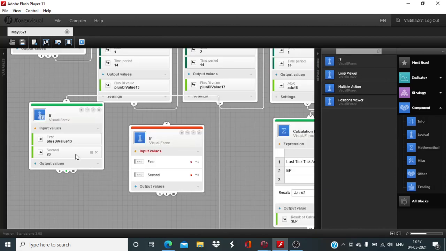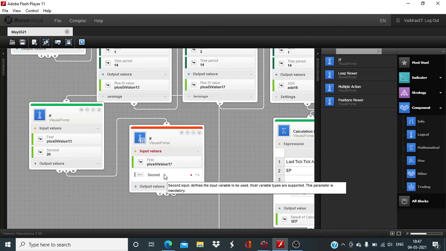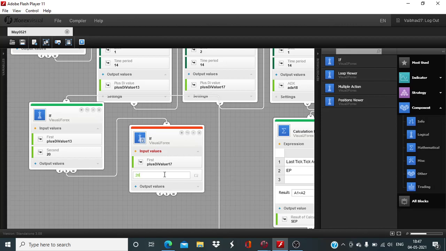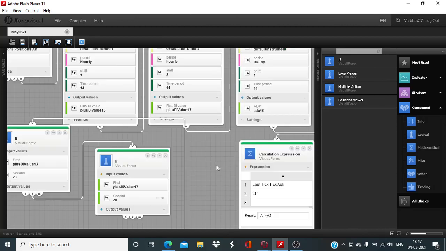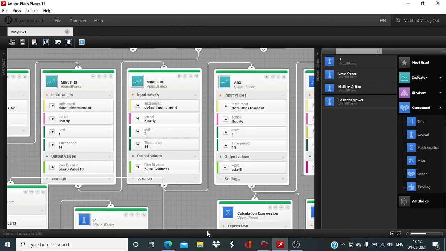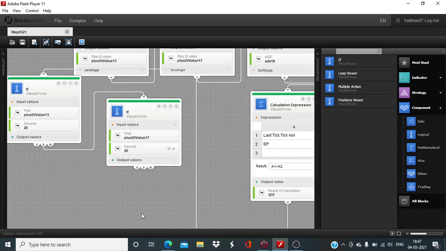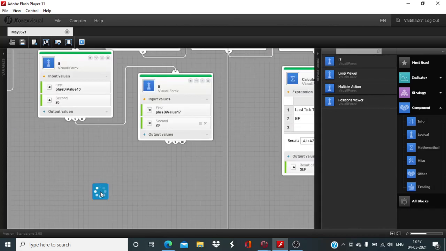First input greater than second input. Minus DI value 17 needs to be less than 20. This is the penultimate hour's minus DI value. First input less than second input.